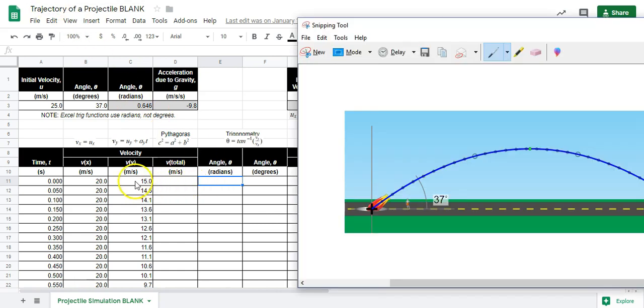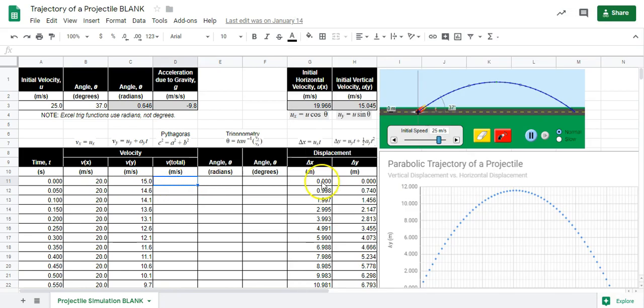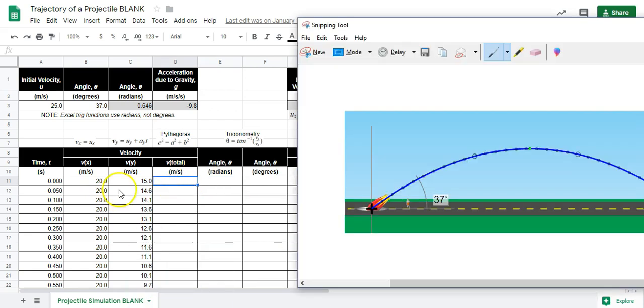So what that means is at any point in time, the velocity is made up of these two horizontal and vertical components. So we're going to use Pythagoras to add them together and work out the resultant velocity, and use trigonometry to work out the angles.